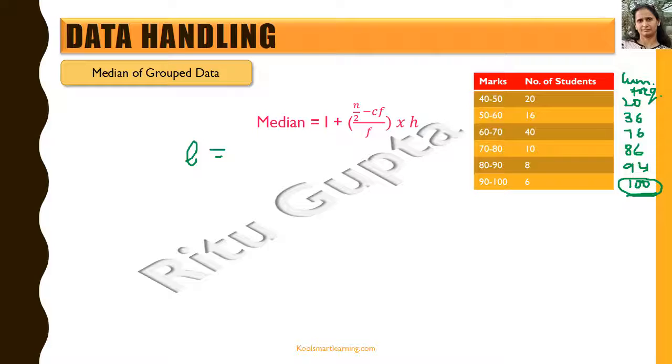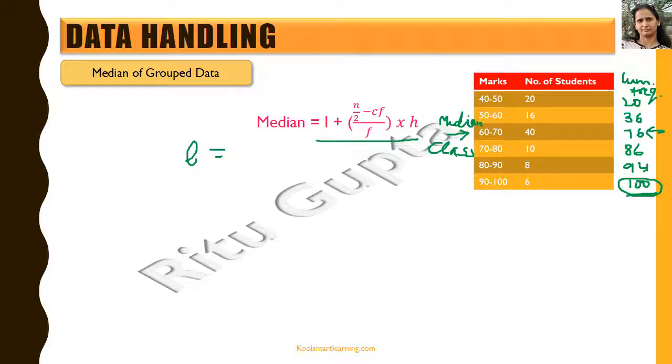So we need to take a class whose cumulative frequency is just more than n by 2, which comes out to be 76. So that means 60 to 70 is the median class. Now we'll find the value of all these parameters used in the median based on this class.